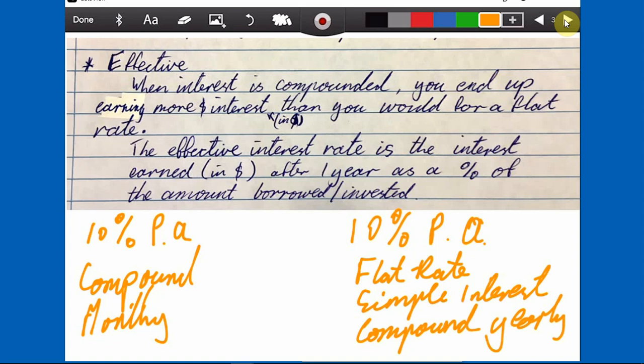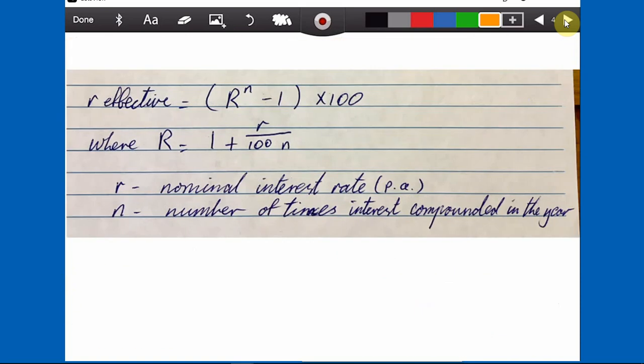So the effective interest rate is the interest earned in dollars after 1 year as a percentage of the amount that you either borrowed or invested. There's a nice little formula that works that out, and here it is. Our effective interest rate is R to the N minus 1, times 100.